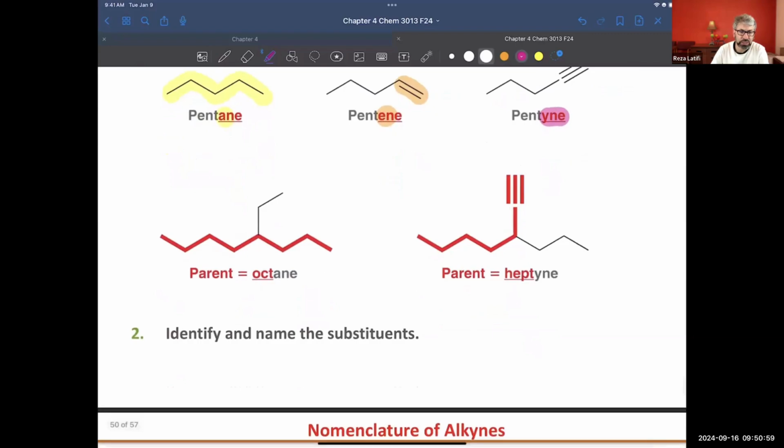And next, your main chain or the parent chain must not only have the biggest number of carbons, it also must include the triple bond or the double bond. So in this case, I'm going to say this one will be the parent chain because it includes the triple bond.